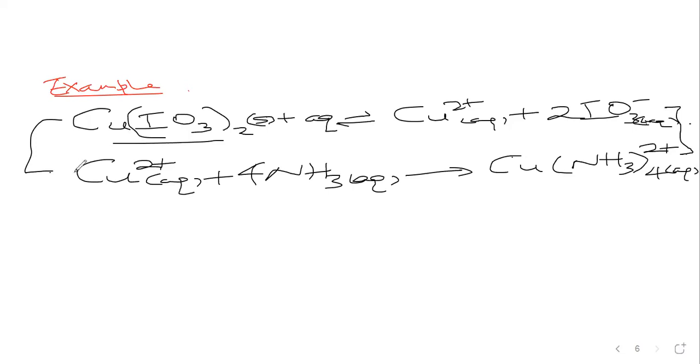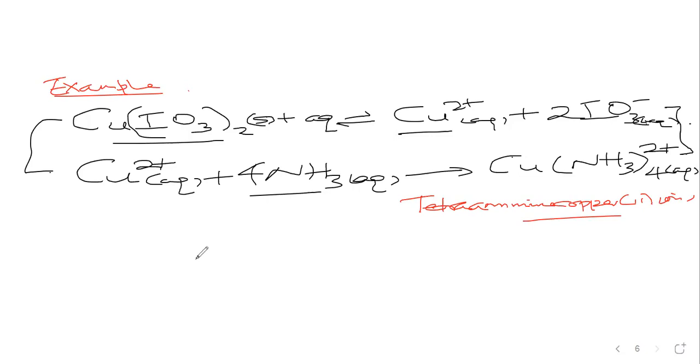It's because the copper 2 ions react with ammonia solution to form a soluble complex of tetraamine, this is one word, tetraammine, amine double M, copper 2 ions, which decreases the concentration of copper 2 ions at equilibrium.